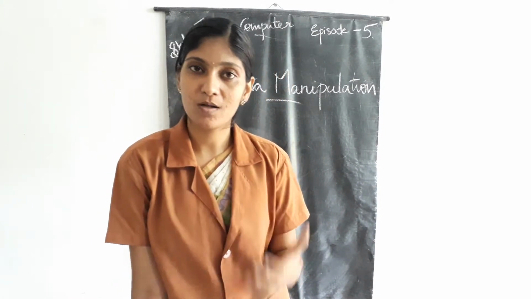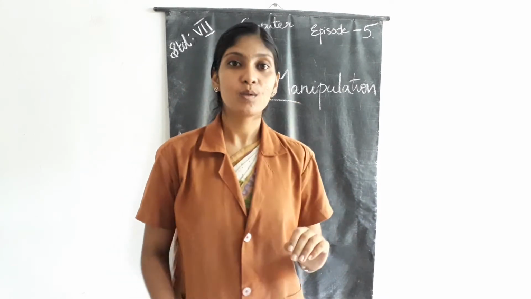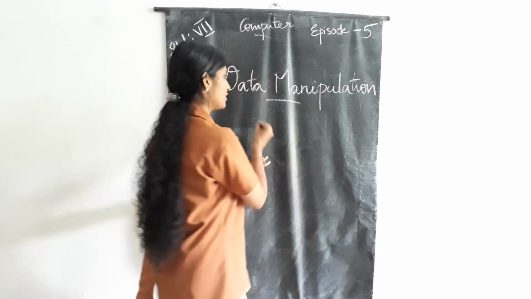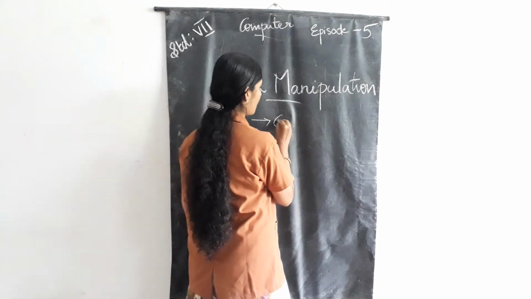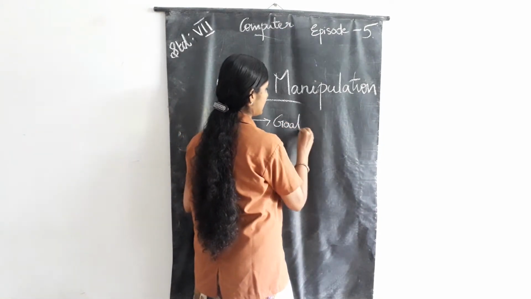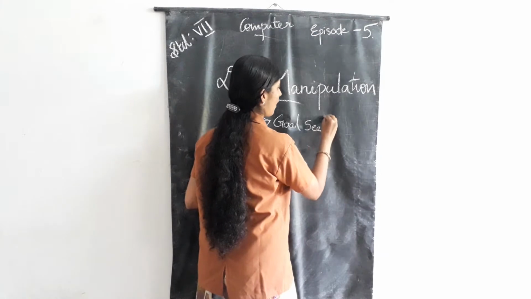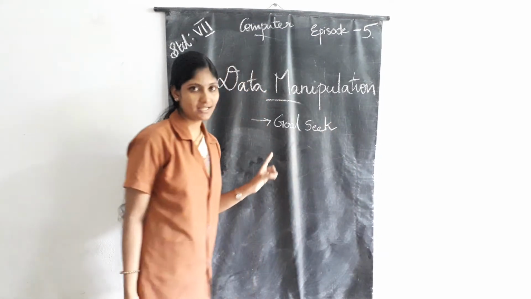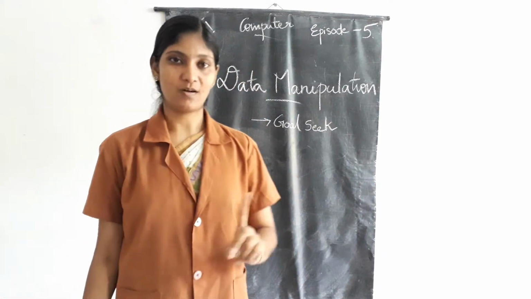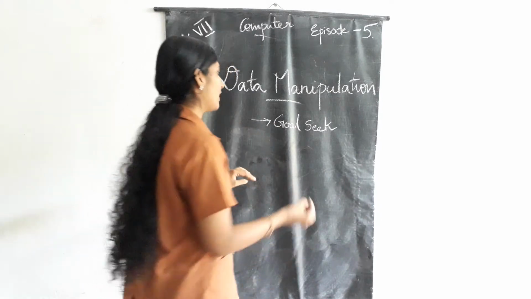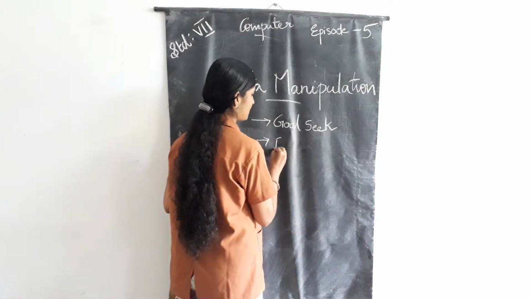In MS Excel there are some already inbuilt features, some options, which are used for data manipulation. So let's see what they are. First one, goal seek option. Second one, filter option.